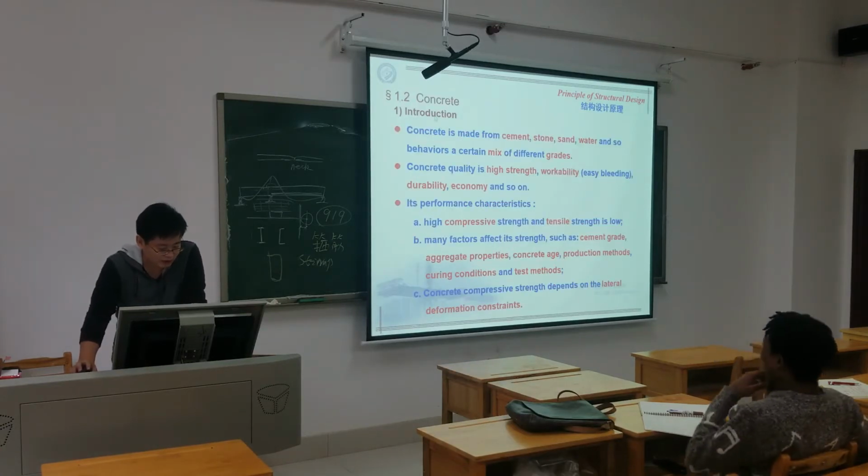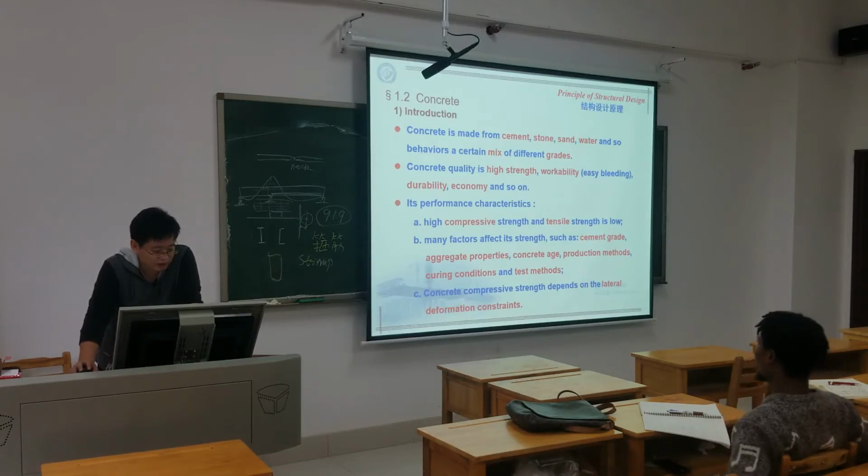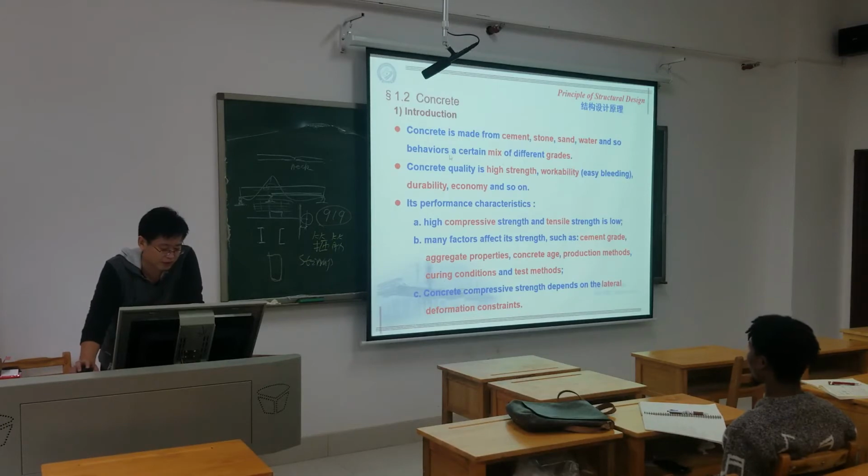The concrete is made from cement, soil, sand, and water, in a certain mix of different grades. It's a non-homogeneous material. Concrete qualities are high strength, workability, durability, economy, and so on.